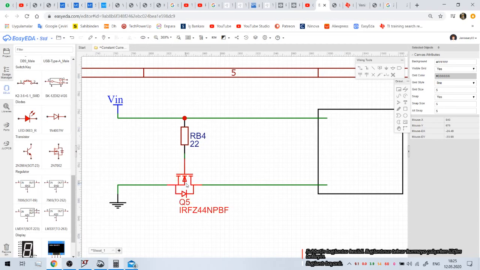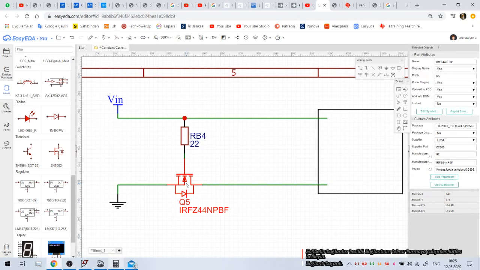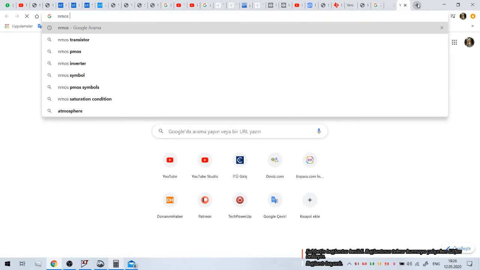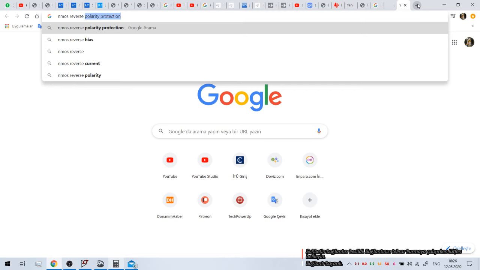We are doing it correctly. Wait. Yes, I want to examine NMOS reverse polarity protection.